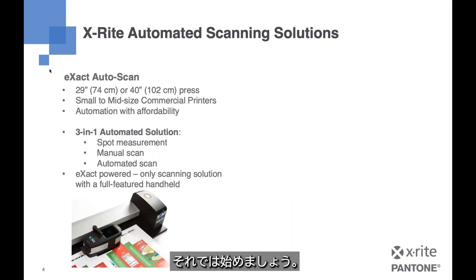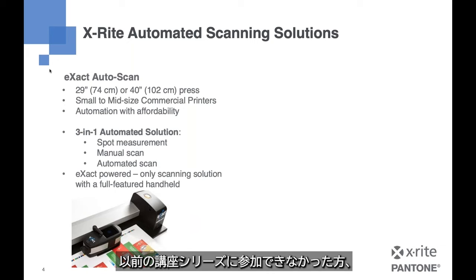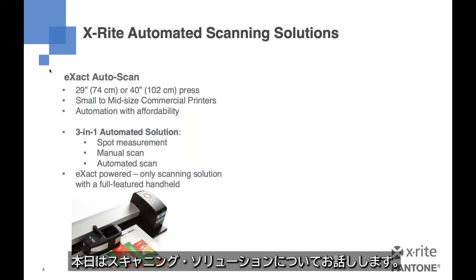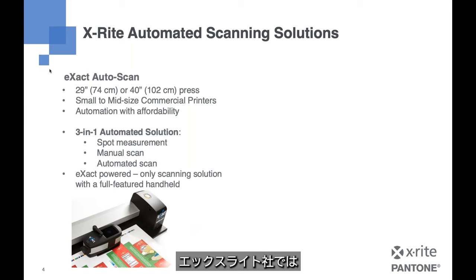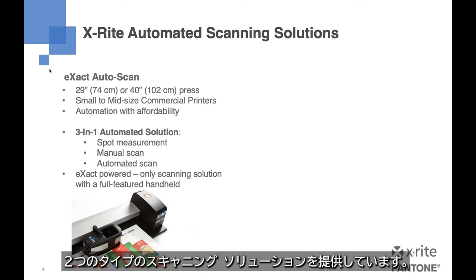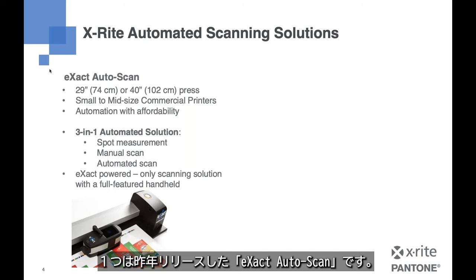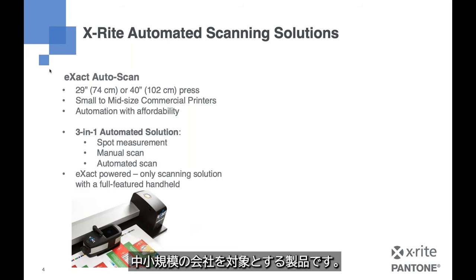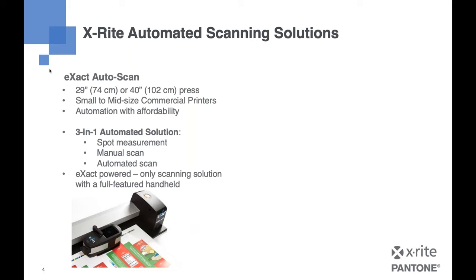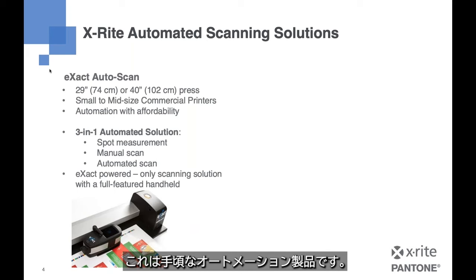Let me start first, just in case it wasn't possible for you to attend the other webinars, with what we covered before, our automated scanning solutions. X-Rite provides two different scanning solutions. One is the Exact AutoScan, which we introduced last year. This is intended for smaller to mid-size presses, and this is an automation which is more affordable, I would say.